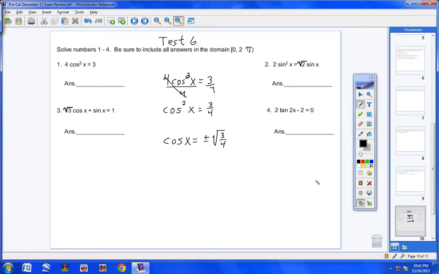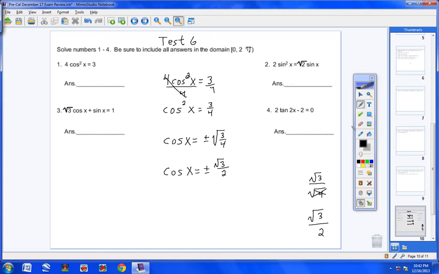First of all, the square root of 3/4 is the same thing as the square root of 3 over the square root of 4. Next, I do know the square root of 4, and it is 2. So finally I have cosine of x equals plus minus square root of 3 over 2.